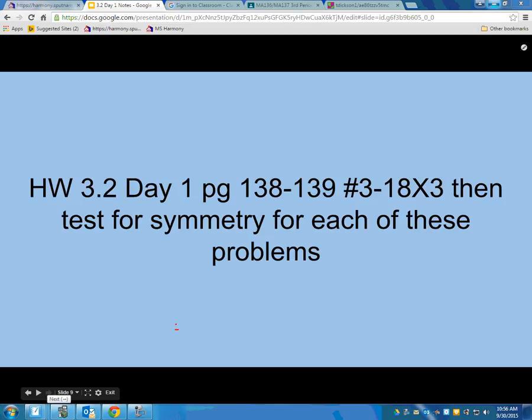Anybody want this graph paper I threw? This is nice graph paper.